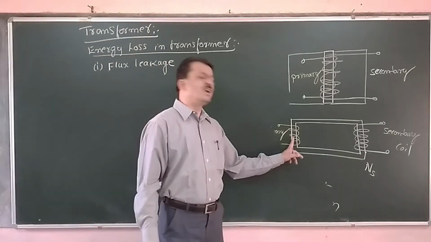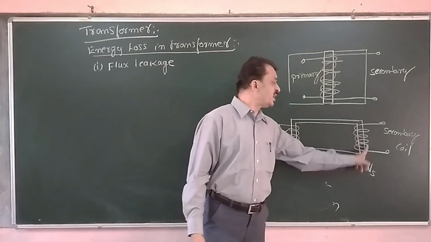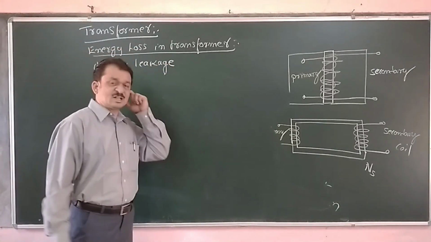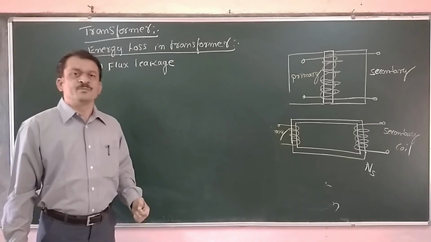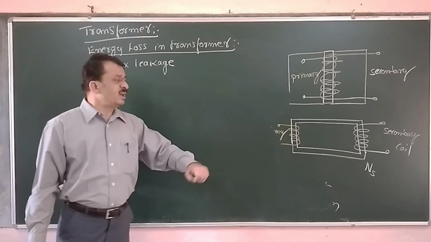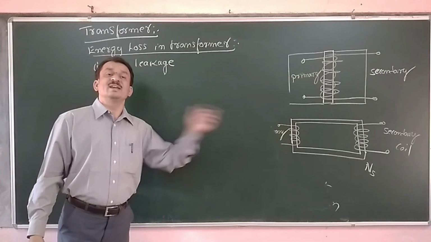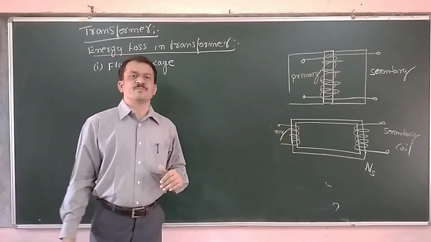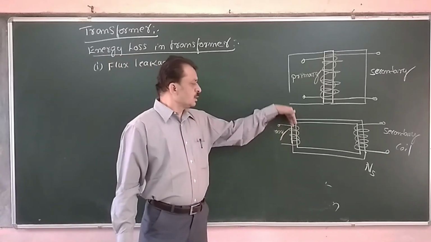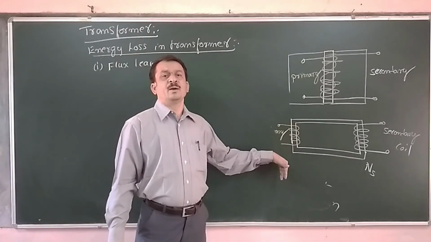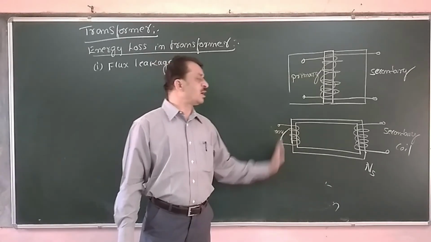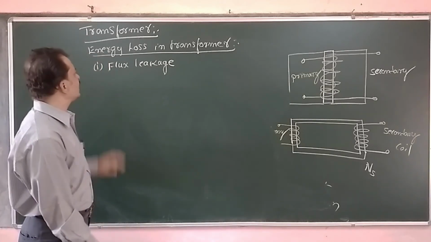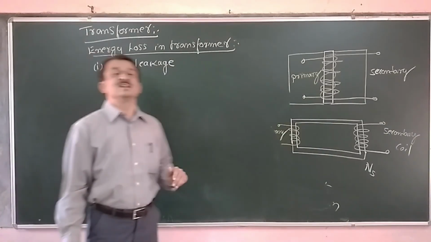The entire magnetic field lines may not reach the secondary coils, may not link with the secondary coils. There are some field lines which are leaking away without linking the secondary coils. That is called flux leakage.